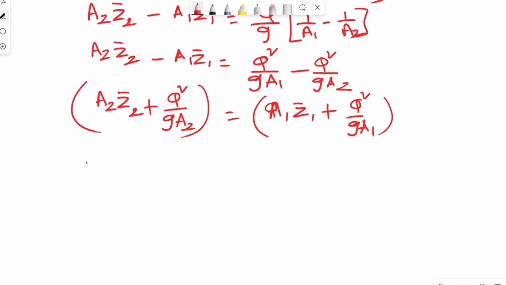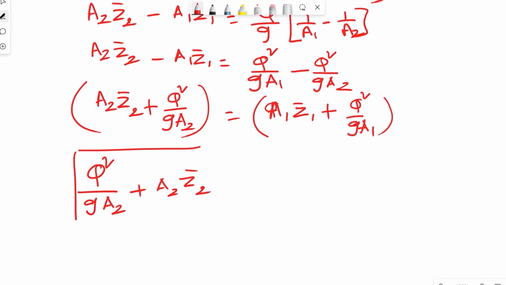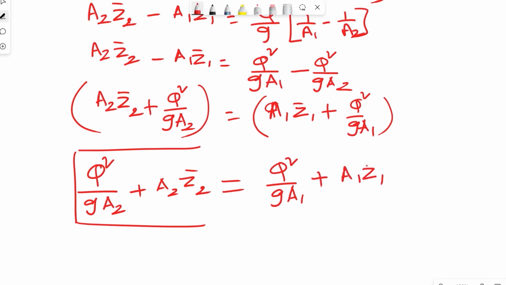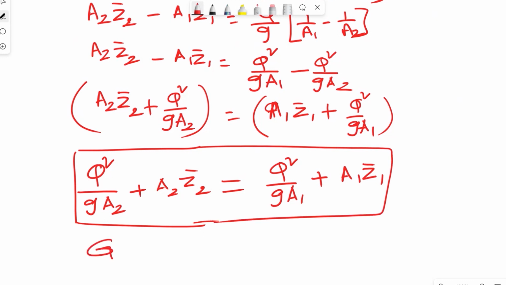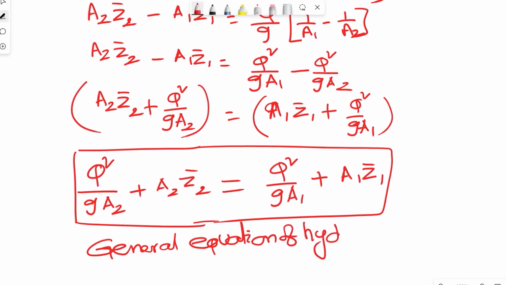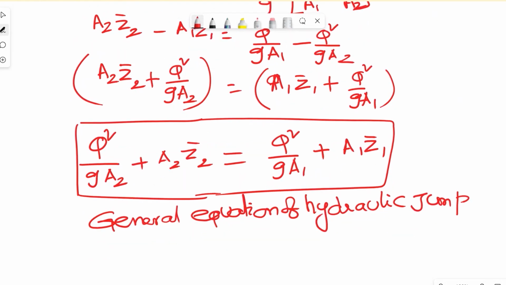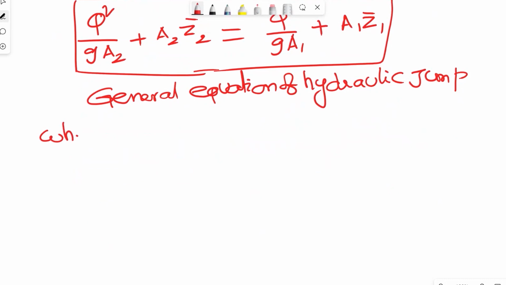So finally the equation is Q square by g A2 plus A2 Z2 bar on the left hand side is equal to Q square by g A1 plus A1 Z1 bar. This is the general equation of hydraulic jump. Then what is specific force?